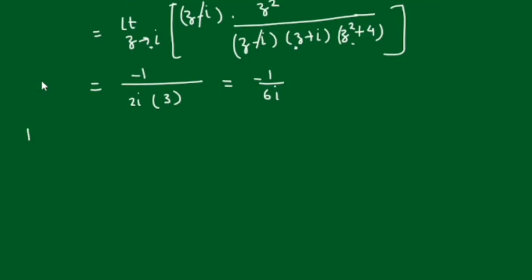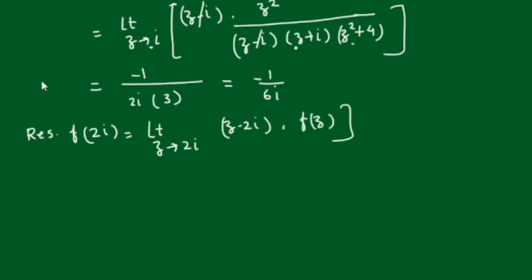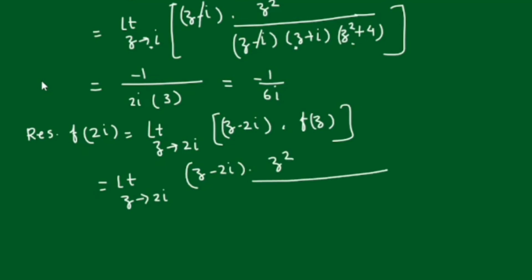Now we find residue at twice of iota. So limit z tends to twice of iota, z minus twice of iota into f(z). Put the value of function here, limit z tends to twice of iota, z minus twice of iota into z square divided by z square plus 1.